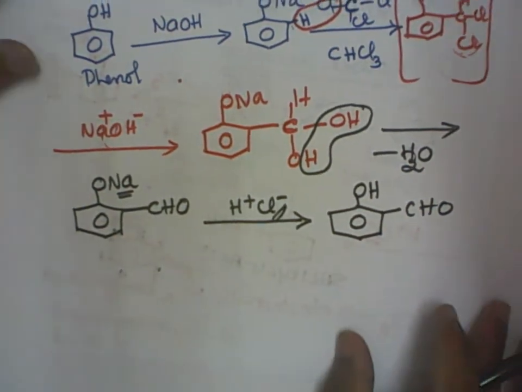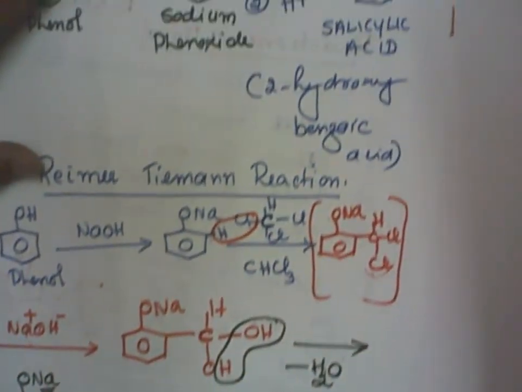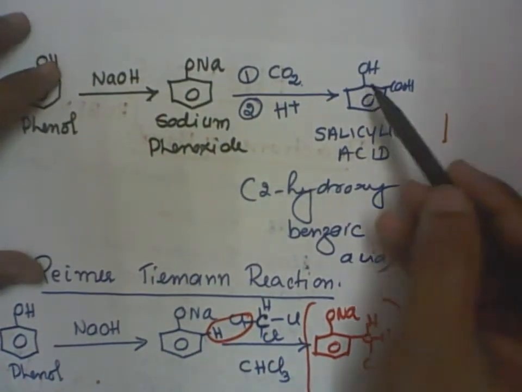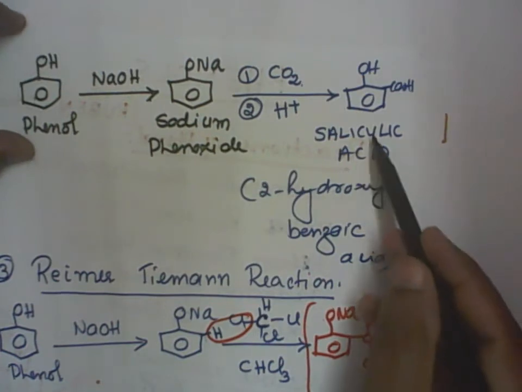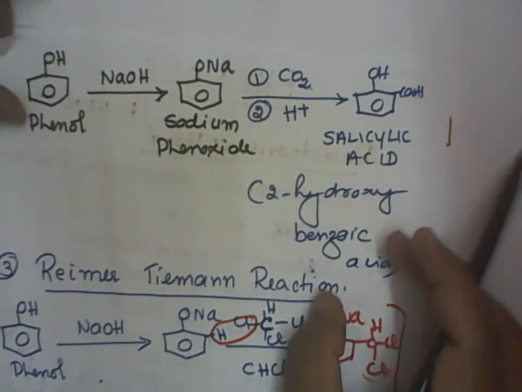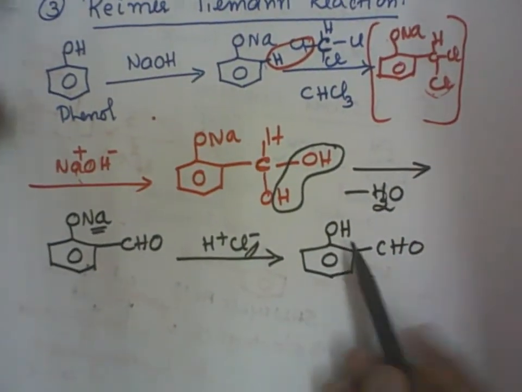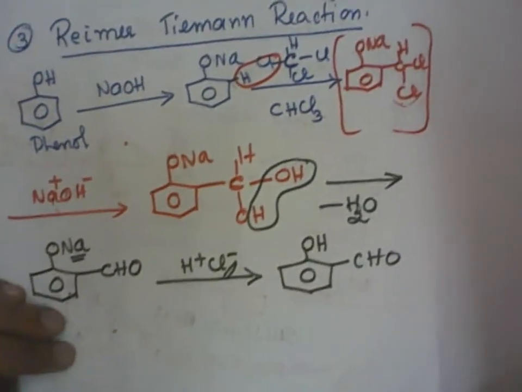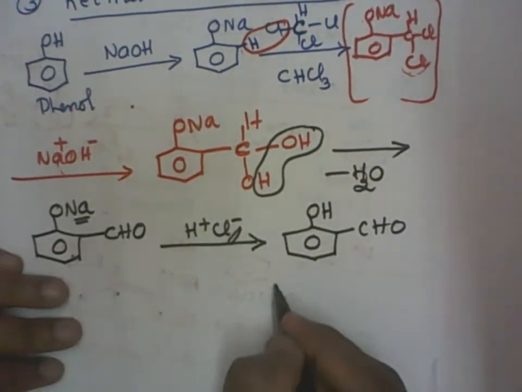Now see here. In the previous reaction, we got OH and COOH, salicylic acid. Now in this case, we have got OH and CHO, so it should be an aldehyde, correct? Which aldehyde is it known as?